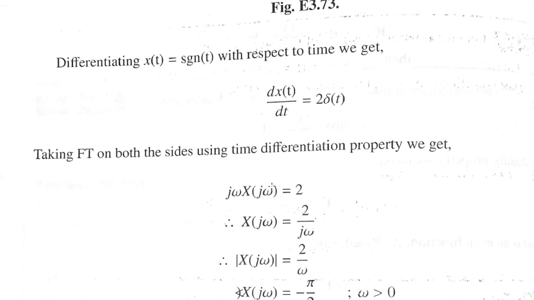X of j omega is equal to what? The Fourier transform is taken on either side. We know that the Fourier transform of d by dt of x of t is j omega into X of j omega.